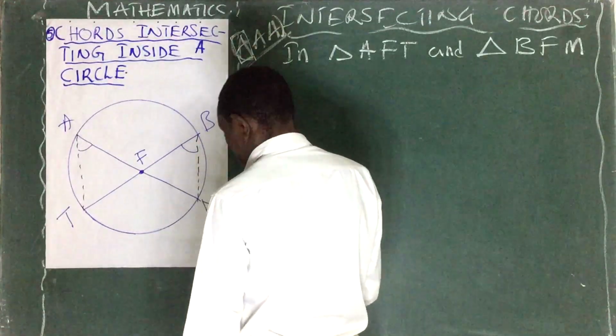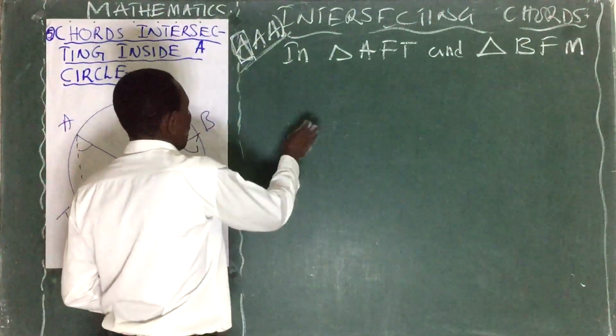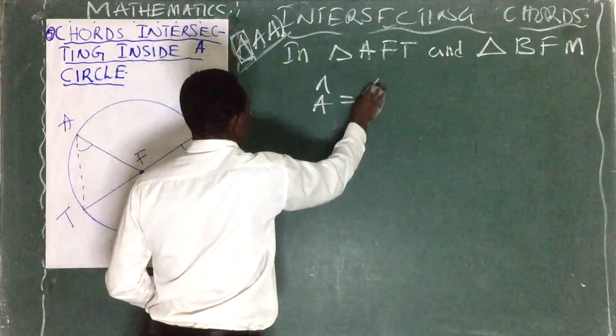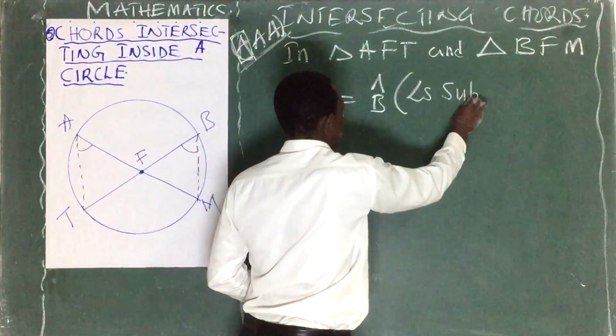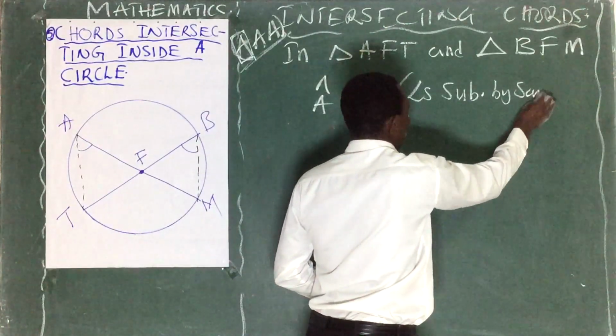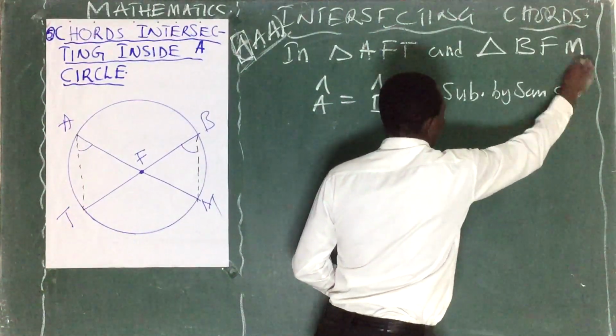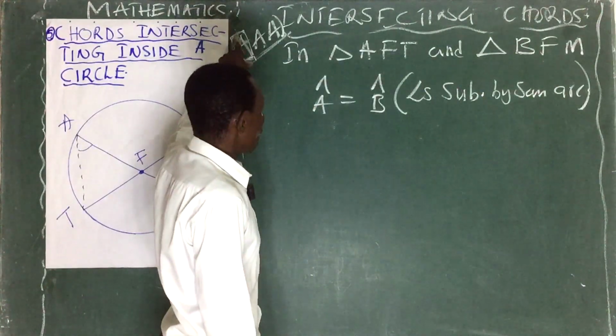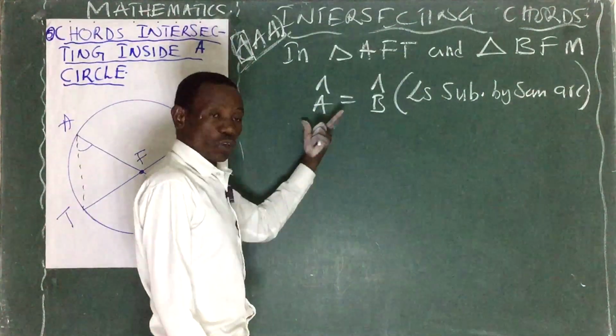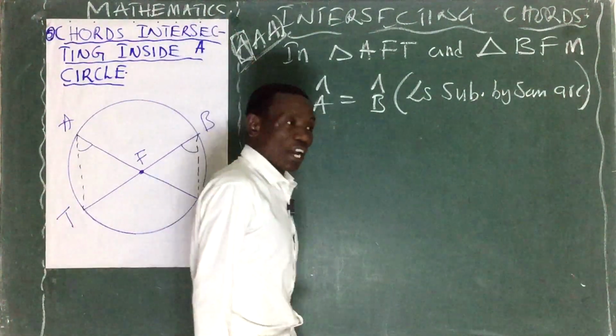You write angle A is equal to angle B. Reason: angles subtended by the same arc. So we are done with the first A.